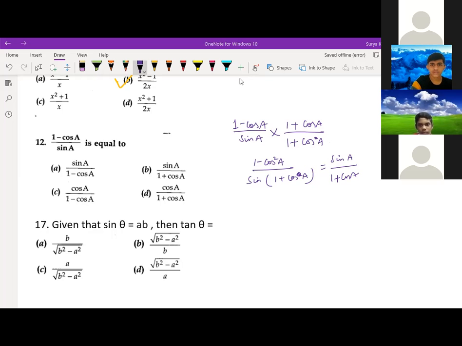Yes, see, sine square. Wait. Why you are getting confused? It's correct. See, if you write here square and here if your sin A is there, then one sin will get cancelled, no? So sin A divided by 1 plus cos A, right? Yes. So B is the correct answer.